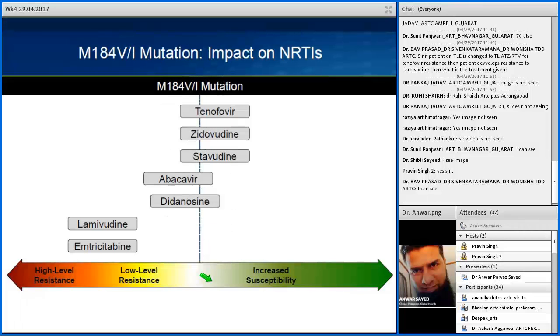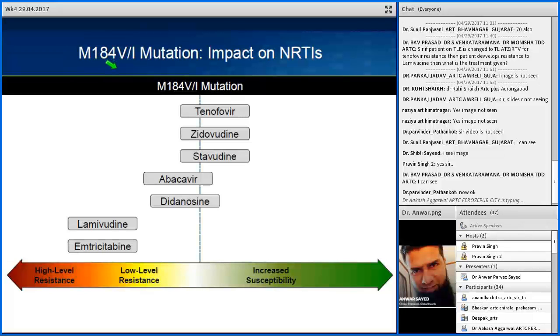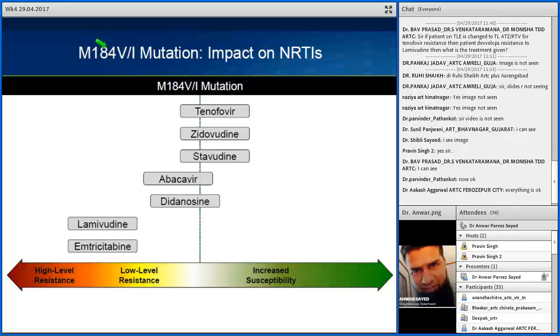Thank you. So let's see this now. By this time, I think you will remember what 184V is for. 184V is for Lamivudine, and also for the other drug, Emtricitabine, which is very similar to Lamivudine. If a person has this M184V, you can see here that the virus will have high level resistance to Lamivudine and Emtricitabine.